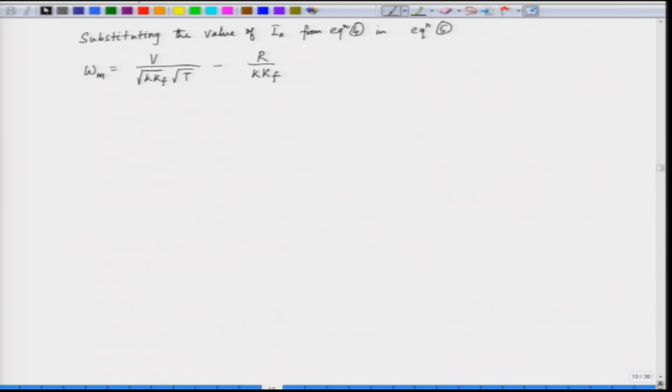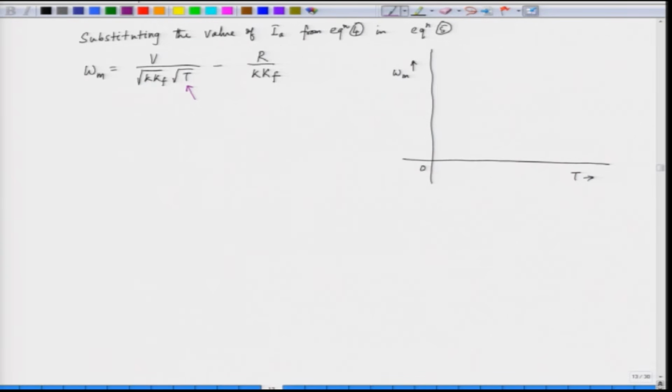Now, let us plot this speed torque characteristic. The torque is on the x axis and speed is on the y axis. If torque is 0, if you substitute T equal to 0, this represents the no load speed.